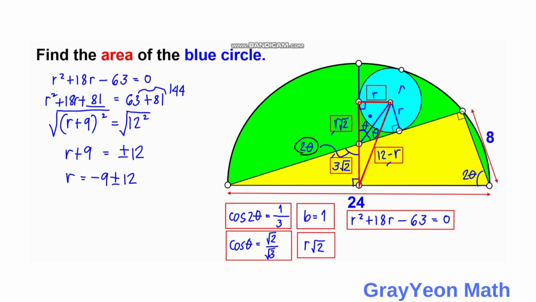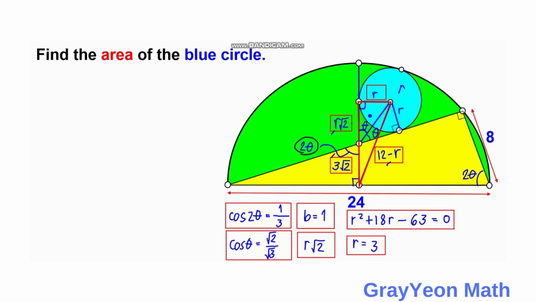Since we are only after a distance, of these two solutions, negative 9 plus 12 is 3, and the other one, negative 9 minus 12, gives us negative 21. Since we are only after a positive value because we need a distance, the right answer for the radius is 3.